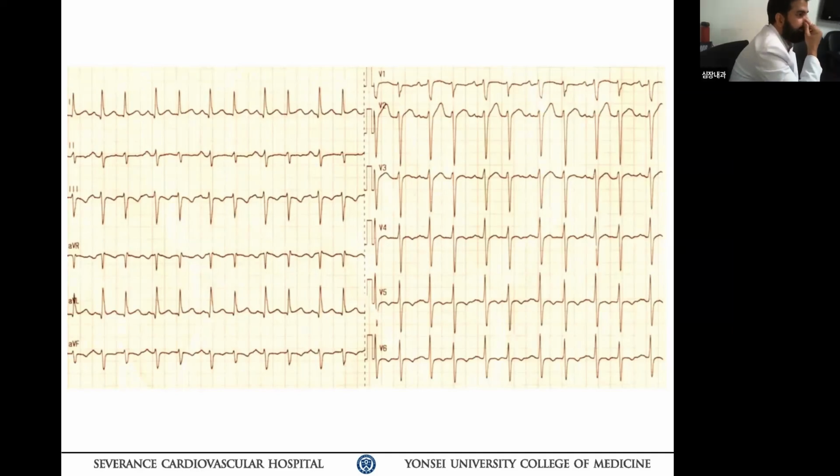Especially you can see the clearly different T-wave height and morphology in V1, 2, 3, and 4 as well. So how can you explain?